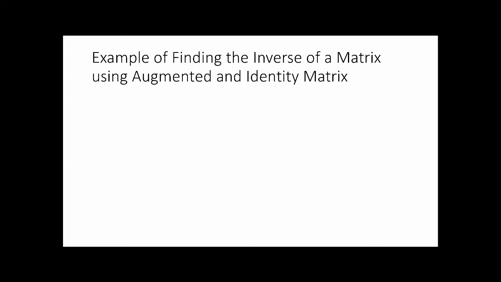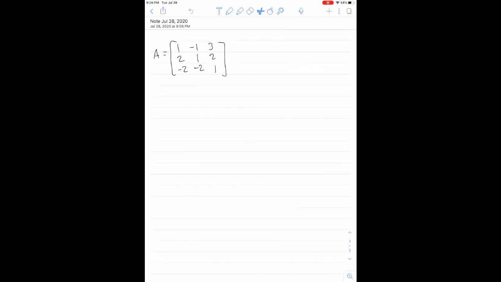Example of finding the inverse of a matrix using the augmented and identity matrix. We have a 3x3 matrix here, and we are going to find the inverse of the matrix A by using the augmented and identity matrix. From this matrix A, we find its inverse, A raised to negative 1.